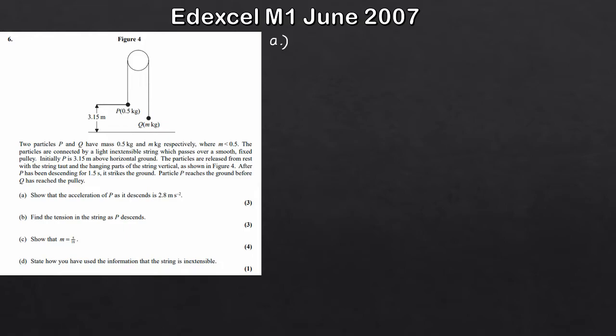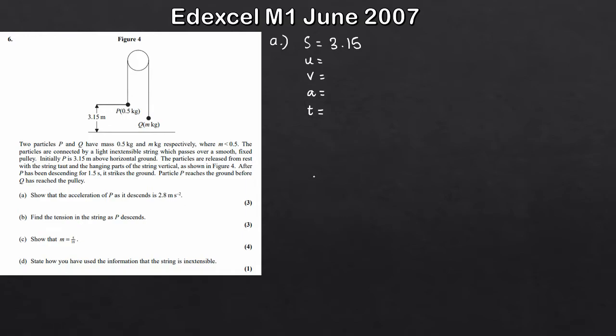So with this being acceleration, we can actually use the SUVAT equations here, okay? And the reason we can do that is because we've got some information. Let's just write SUVAT out. So what do we have? Well, we know the height that's given to us, that's 3.15 meters, so that's 3.15.